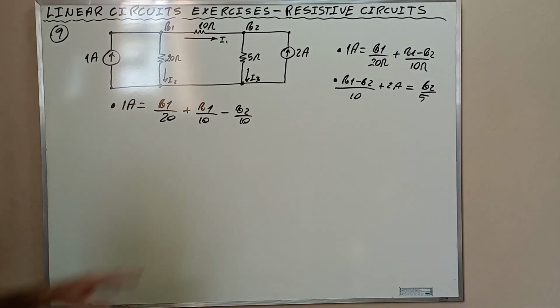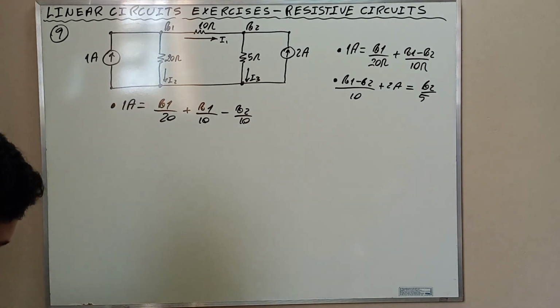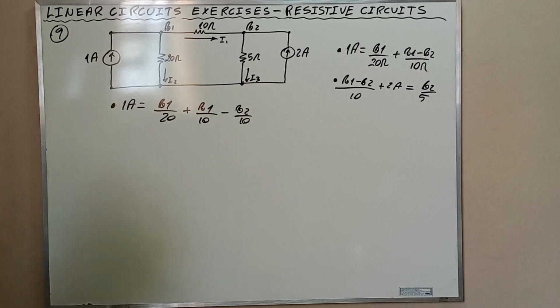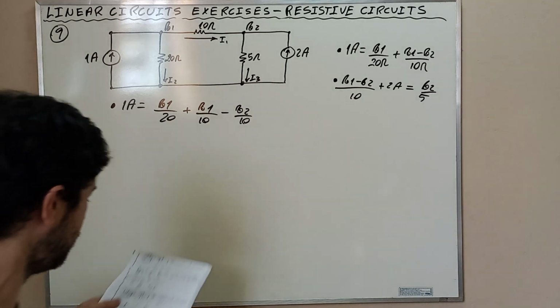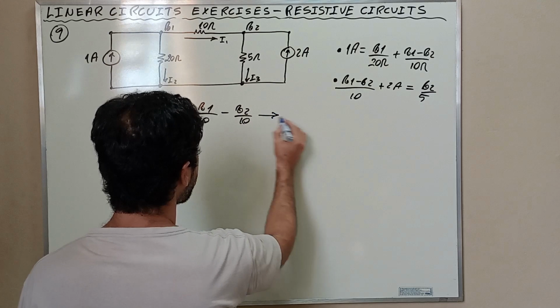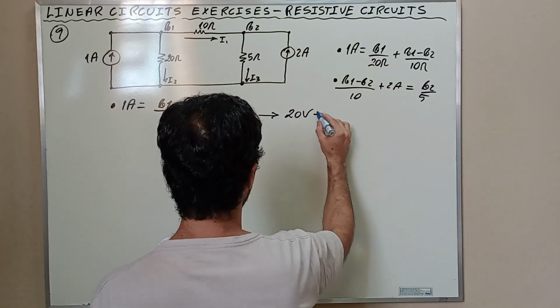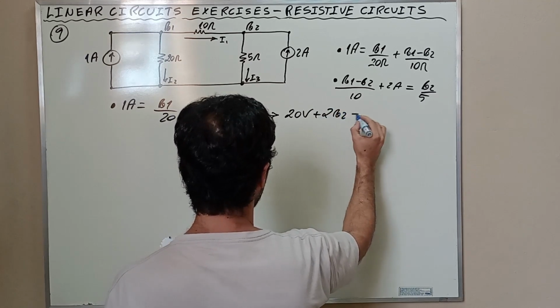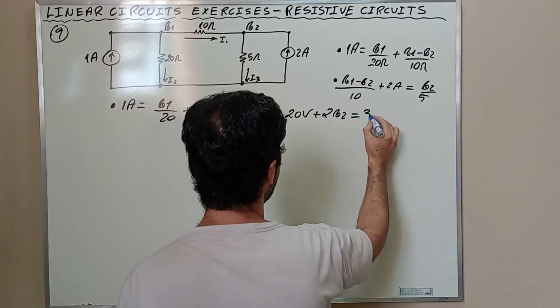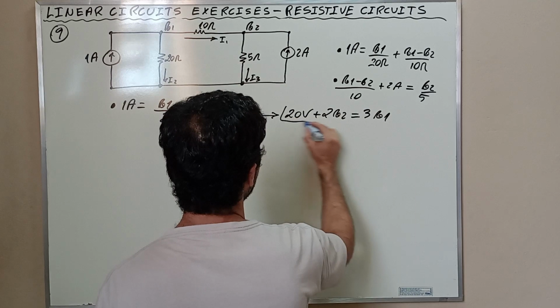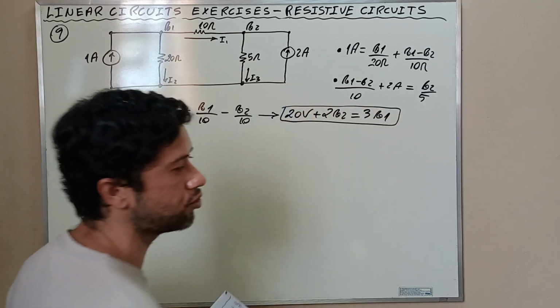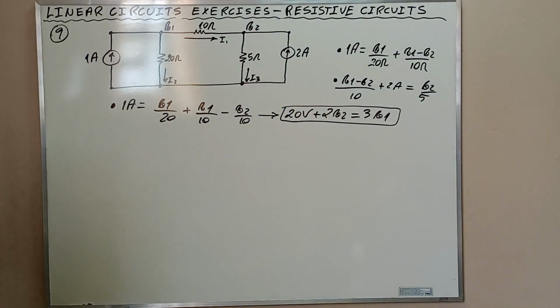We are going to manipulate this, and we're going to find ultimately that 20 volts plus 2 times V2 is equal to 3 times V1, okay? This is easy. I invite you to try it in your house. It is easy.